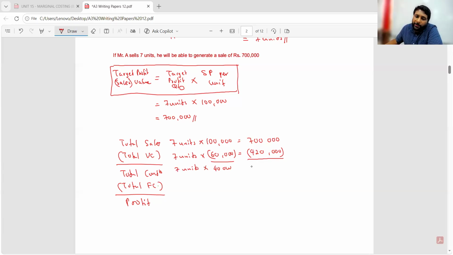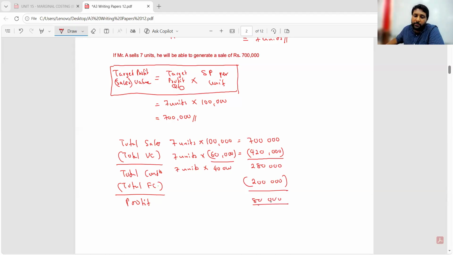Then here, total contribution, how much are you getting, people? 280,000. So total fixed cost is how much, people? 200,000. How much is the profit then? 80,000.